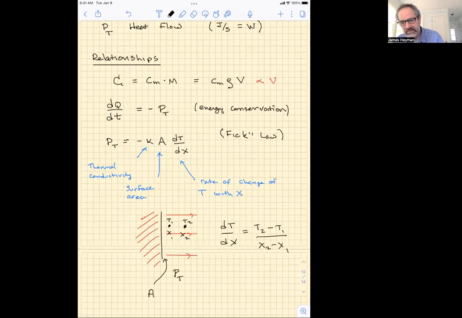Strictly speaking, it's equal to this in the limit that dx is very small. And finally, the thermal conductivity here is the thermal conductivity of the surrounding medium. Very good.